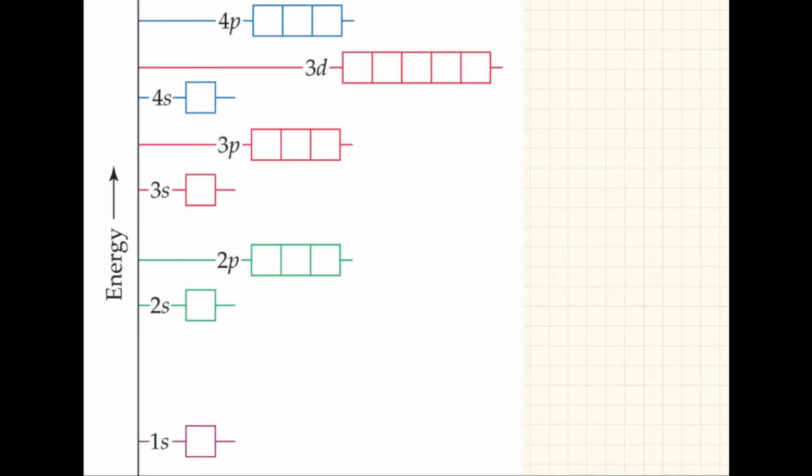But we can indicate them as boxes if we like, and likewise, just as we did before, if I have a 1s2 configuration, for example, I can put my 2 arrows in there. Those aren't very good looking arrows, so let me adjust my pen and try it this way. There, that looks a little bit better.